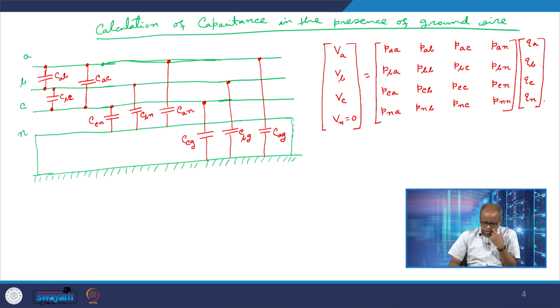And we know how to calculate these P coefficients, so we are not going to repeat it.